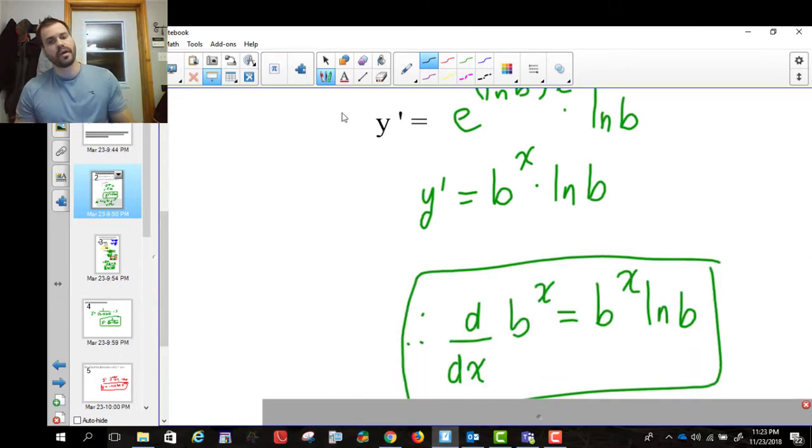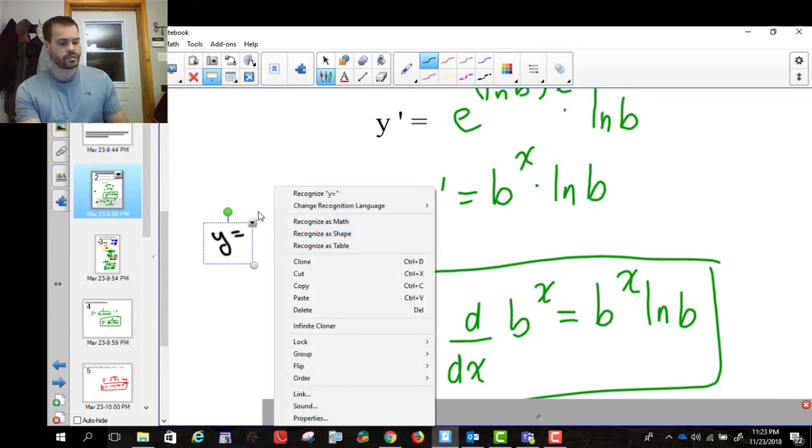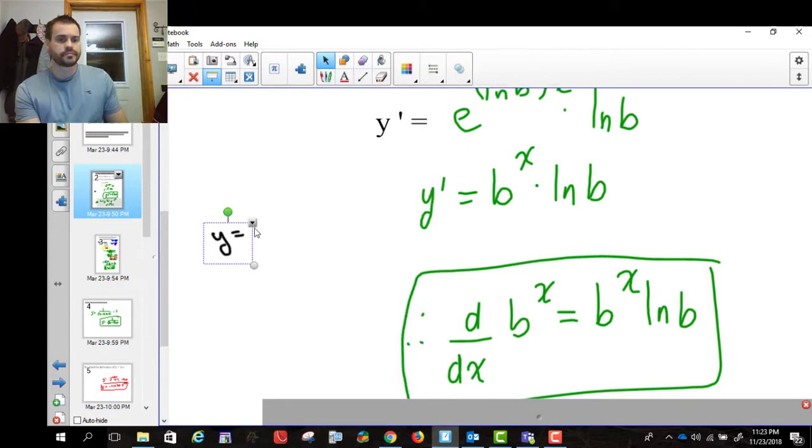ln b. So what that means is if I have, for example, y equals 2 to the x, then the derivative, y prime, is 2 to the x ln 2.